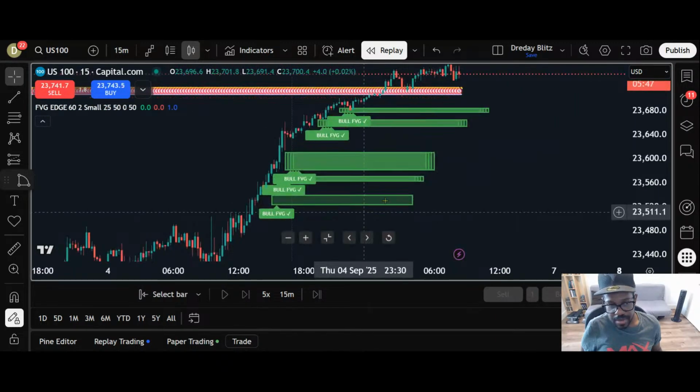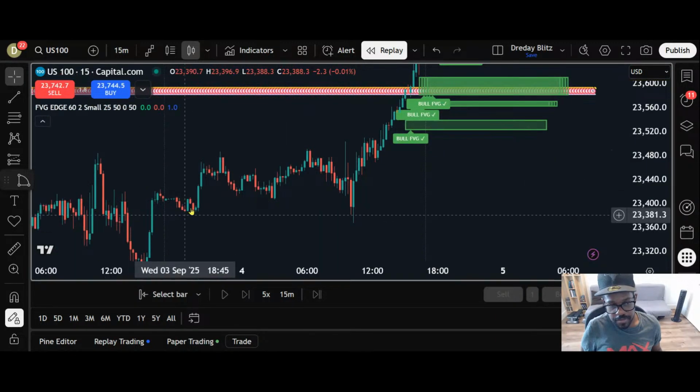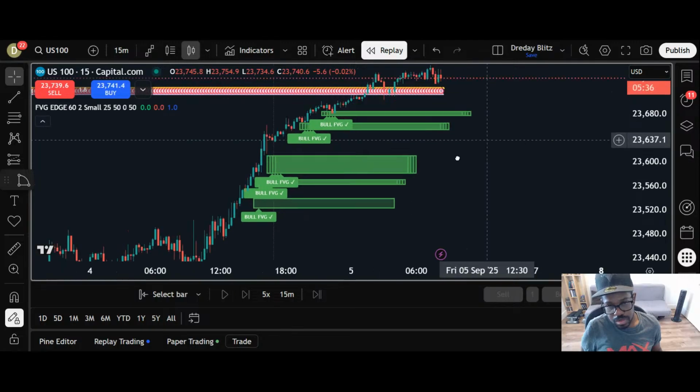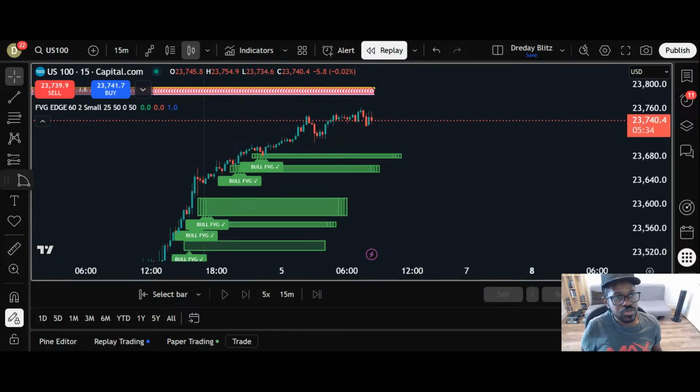Since we had those bullish fair value gaps at the bottom, if you add up all of those, what should we be expecting? Is it the price going higher again at 8:30, or a reaction on the downside?